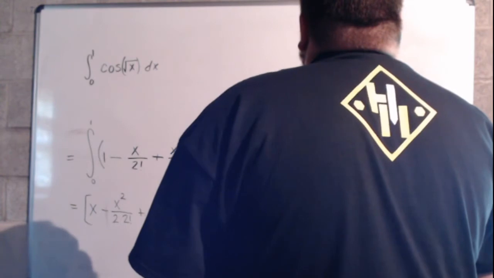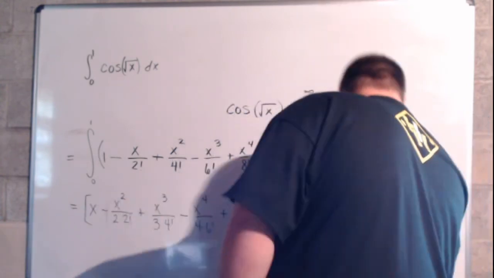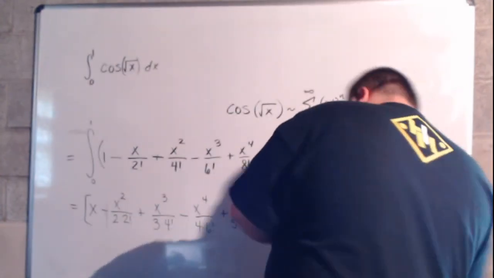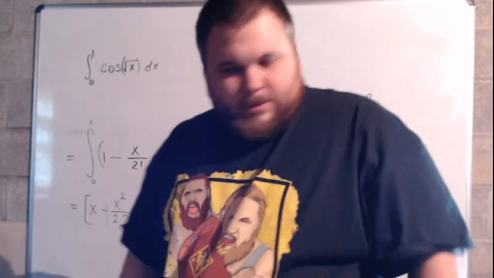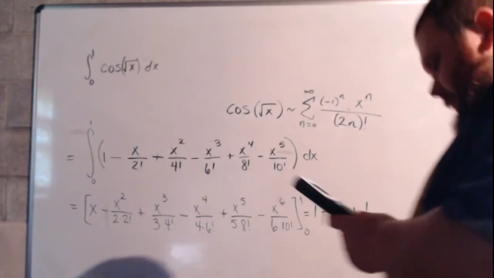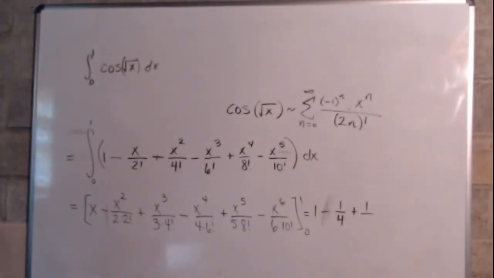That is, what's 72, I think. Let me check myself there on the calculator. So 4 factorial times 3. Yeah, 72.